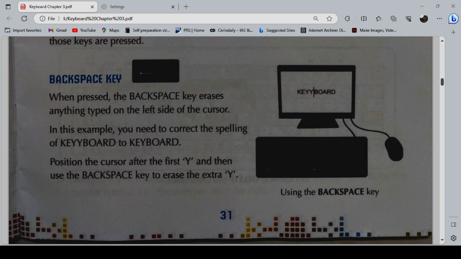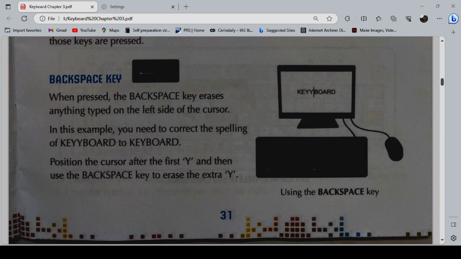And I can erase. Yes, you have erased all the text to the left. Okay, Y B O A R D. Now you have misspelled keyboard.